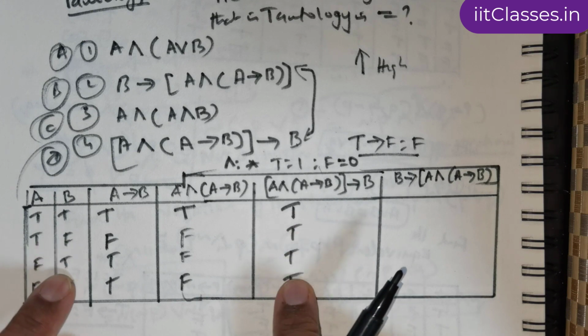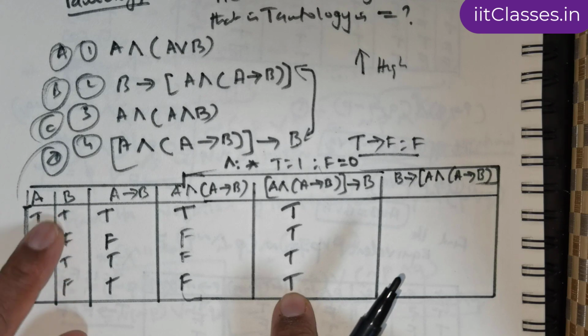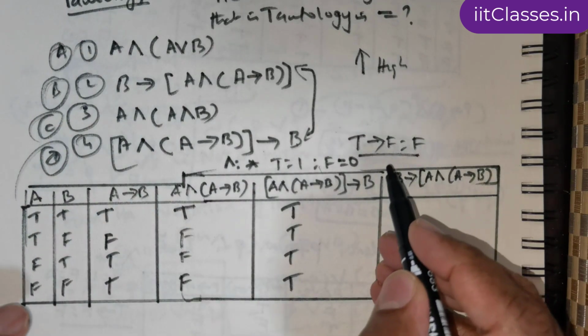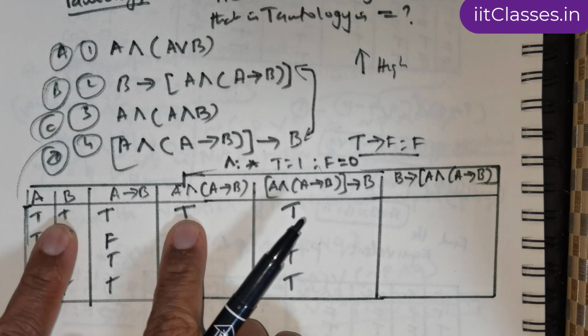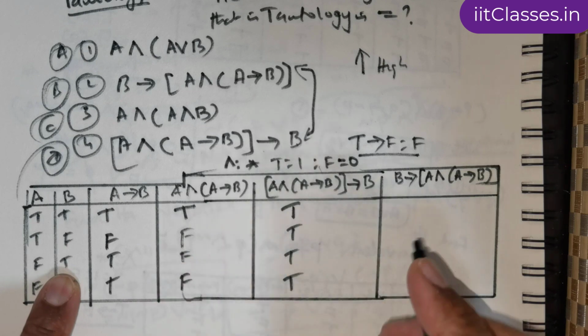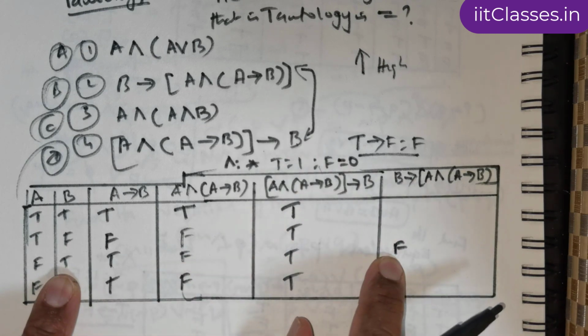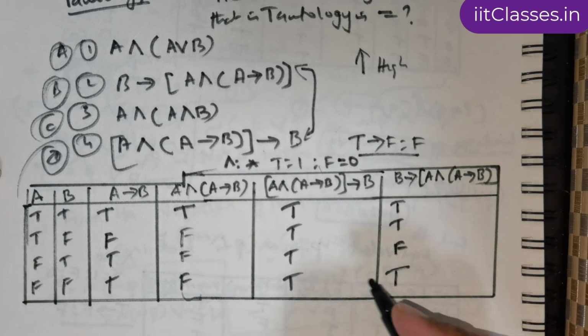We got F going to T, T going to F. Apparently we do not have T going to F. So if you have to look for T going to F, you can clearly see that T going to T, no. F going to F, no. T going to F. This is going to be F here, right? And the rest of the quantities is going to be T, T, T.